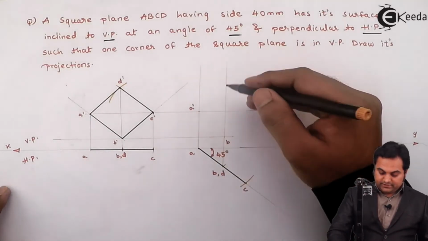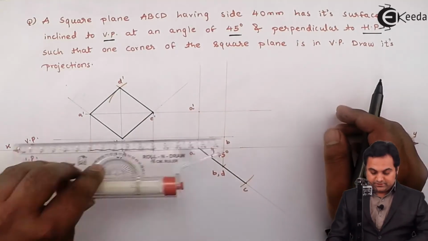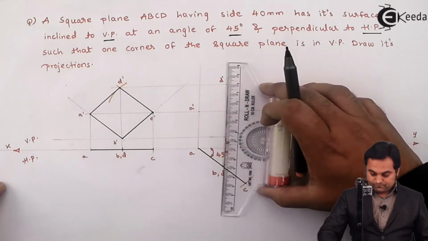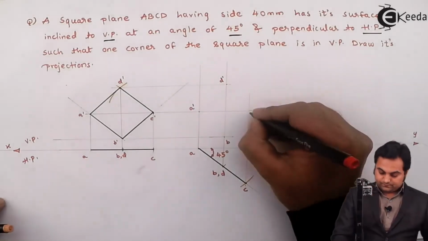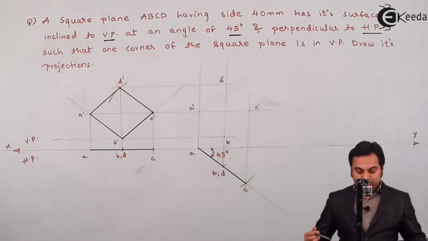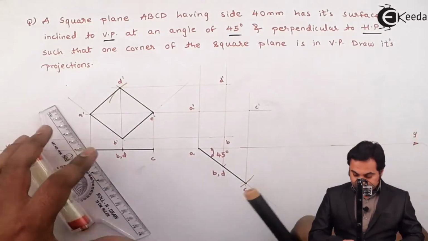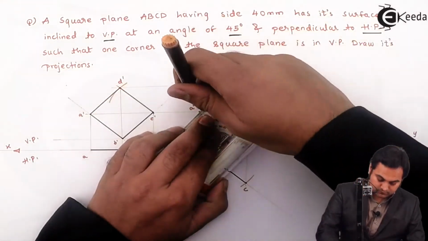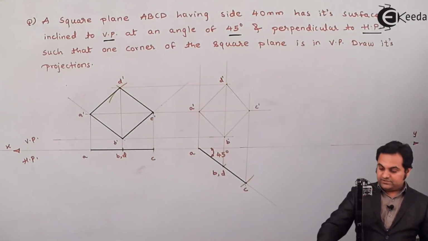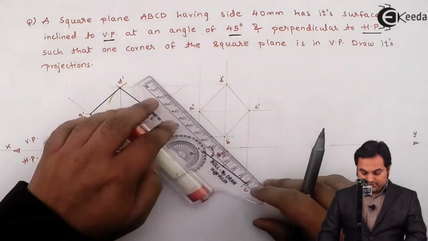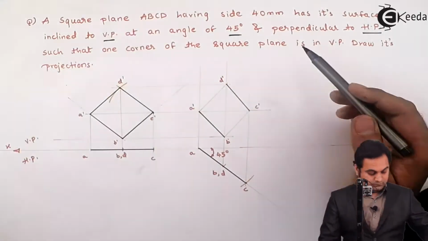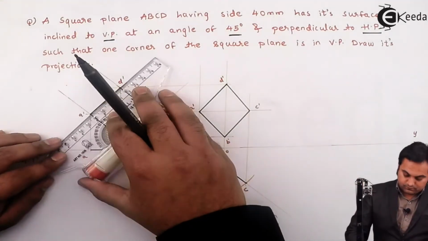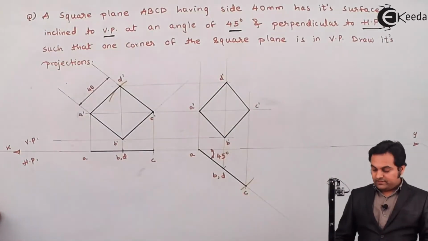On this same line there is point D dash as well, so projecting D, then point C, point C dash, joining all these points in order. Here this is B dash. So here the shape of the plane has changed. I'll make it dark. Then here I'll give the dimensions. Side 40 mm.